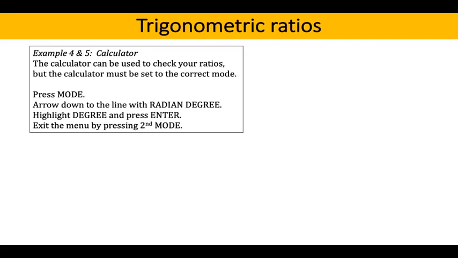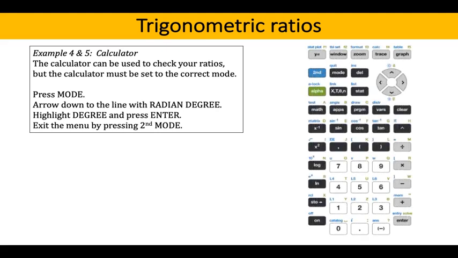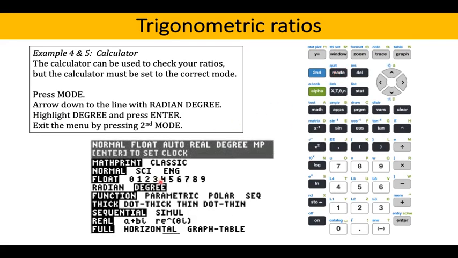The calculator can be used to check your ratios, but the calculator must be set in the correct mode. So you'll press the mode button. The mode button is here beside the second button. So when you click that, you get this screen. You will arrow down to the line that says radian degree. You will arrow over to highlight degree and press enter.